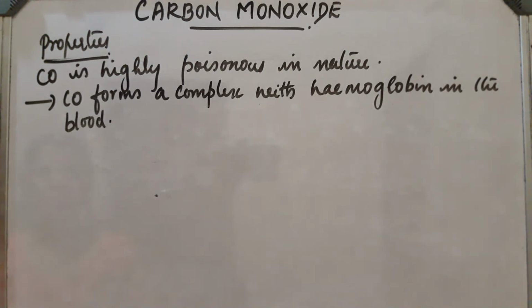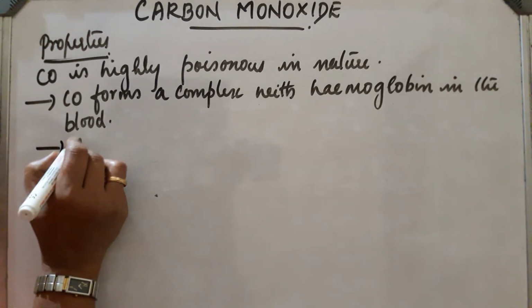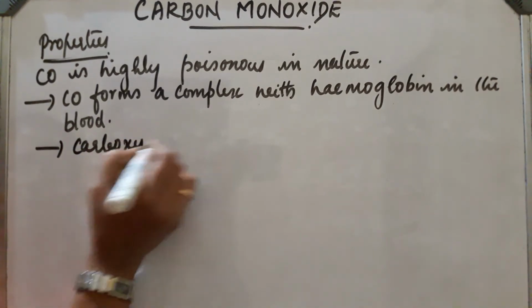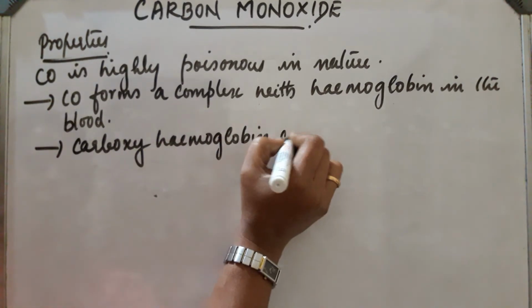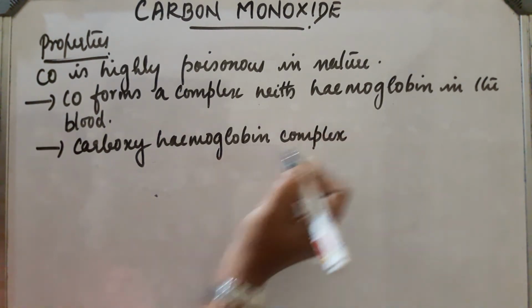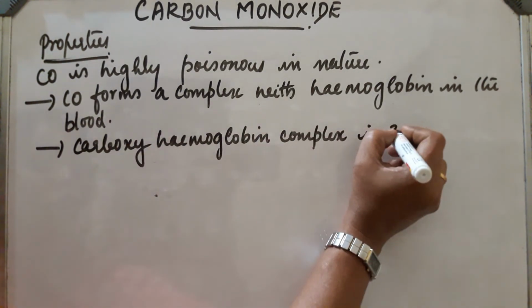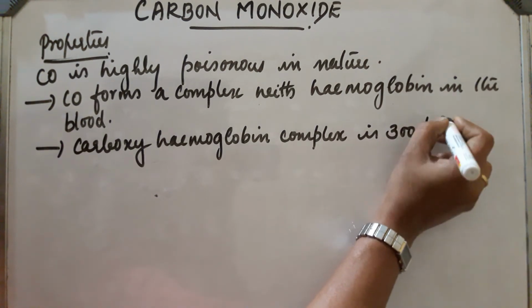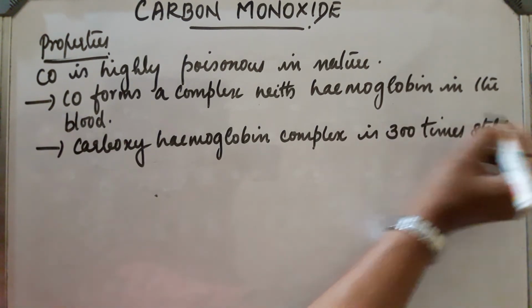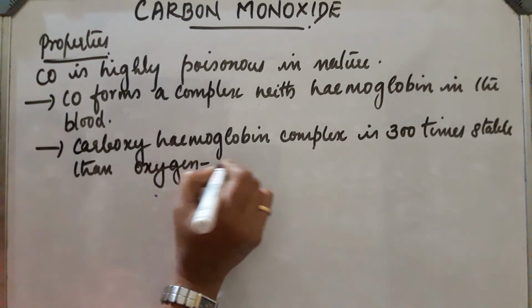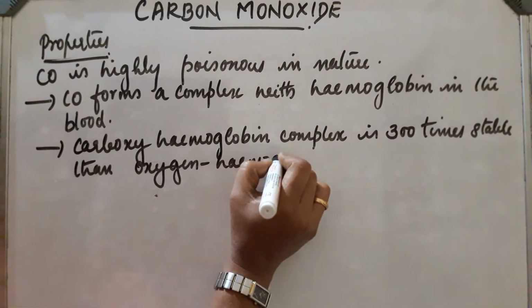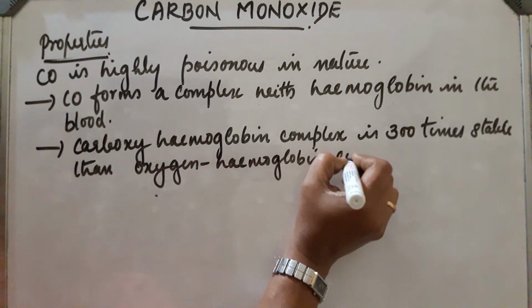This carboxyhemoglobin complex is 300 times more stable than the oxygen hemoglobin complex present in the blood.